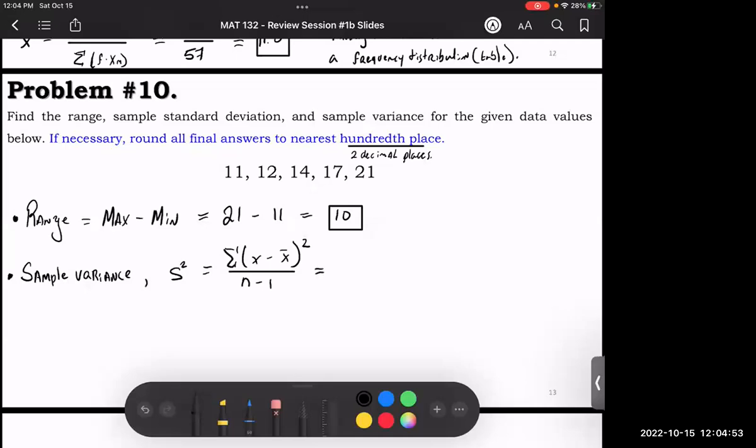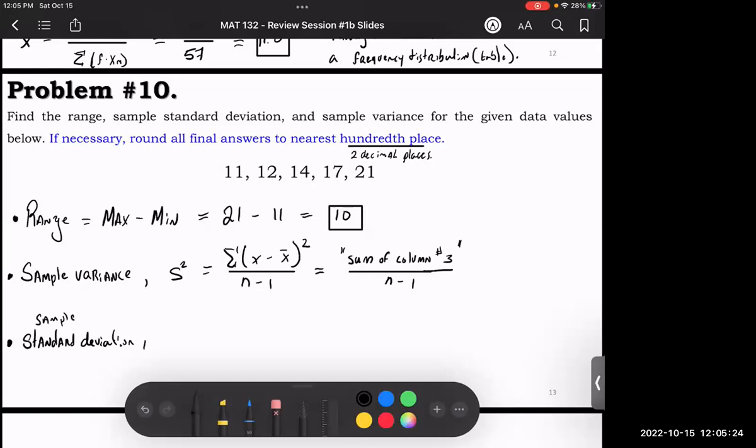When we look at this and use a table, this is simply going to be the sum of column 3 over n minus 1. Then for your standard deviation, again, this is going to be for a sample.